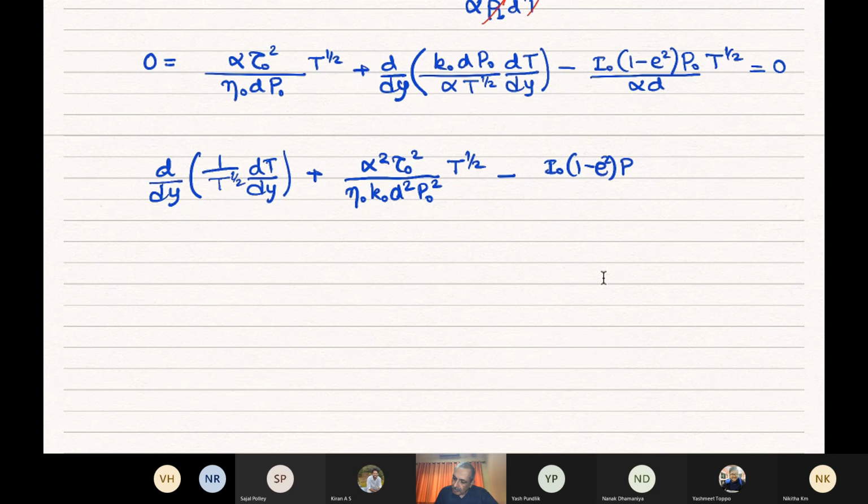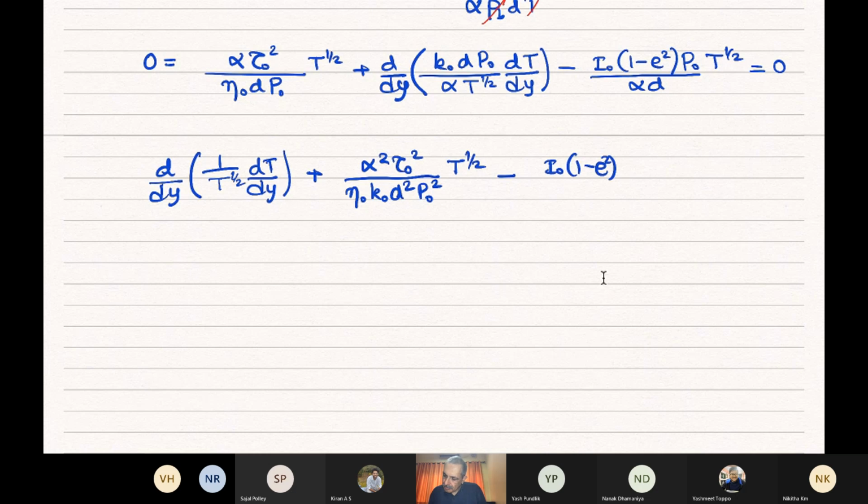Now multiplying throughout by P0, K0 and D, I'm multiplying by alpha and dividing, so I have to divide throughout by K0 D P0 squared.